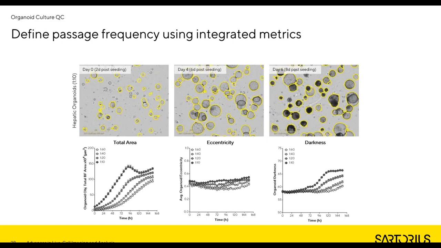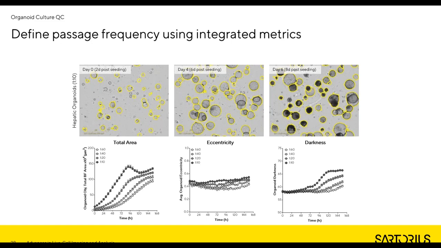So to exemplify the use of this software module to objectively define optimal culture conditions and track some of these indicators of maturation, we performed a seed and density titration study with hepatic organoids, which is what you see here on this slide. So hepatic organoids are typically ready for passaging when the majority of organoids have reached their maximum size and have not yet collapsed.